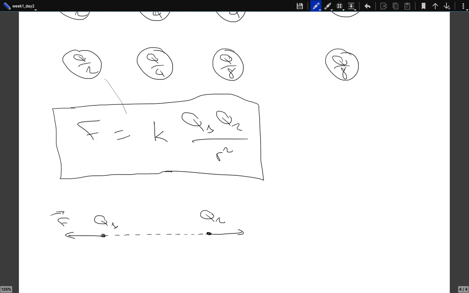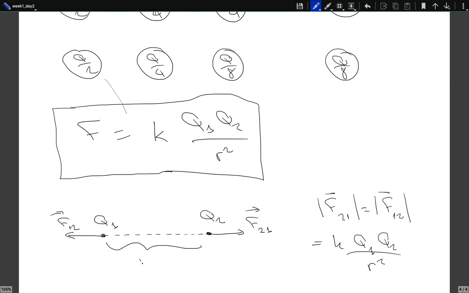This is the force exerted on 1 due to 2. This is the force exerted on 2 due to 1. And they have the same magnitude. And R is this distance over here.